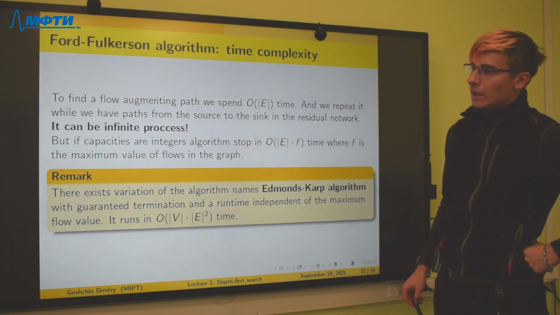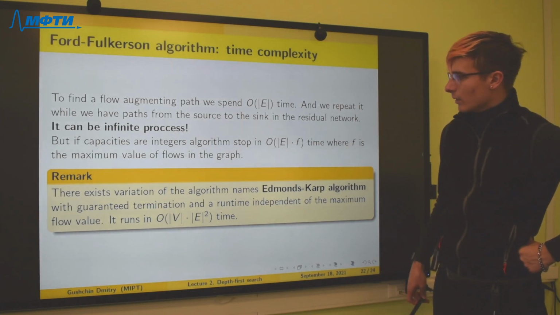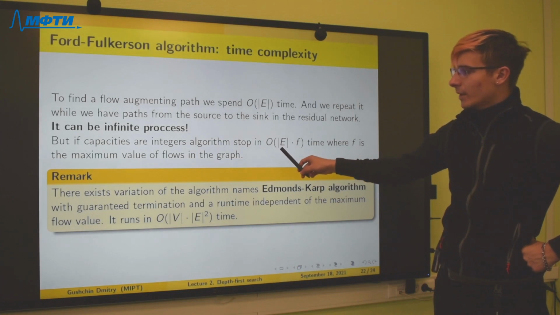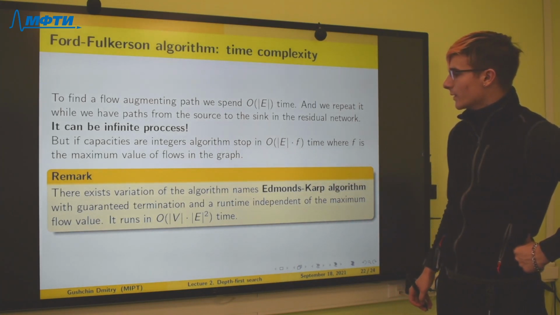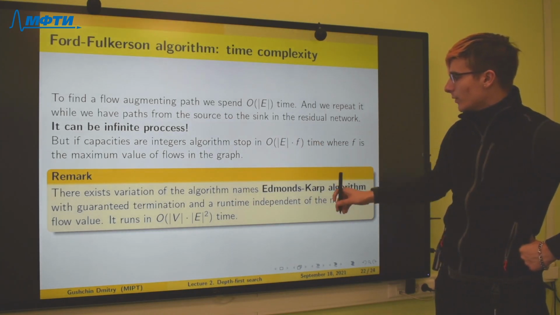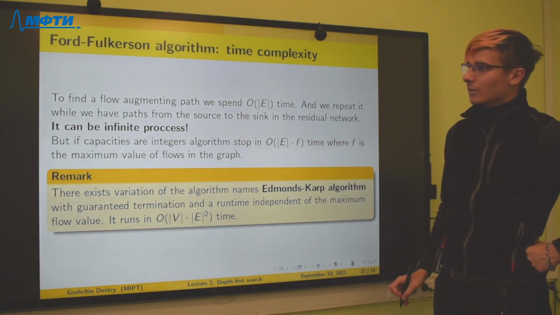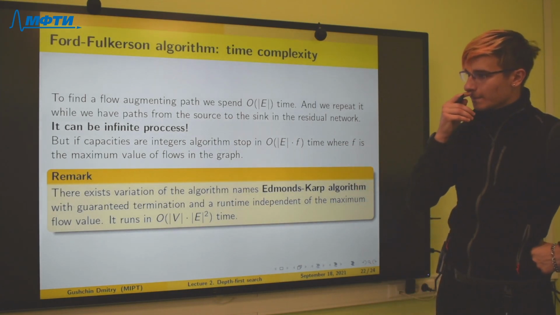But we can draw an example where the time complexity of this algorithm is equal to the number of edges multiplied by the maximum of the capacities of the edges.